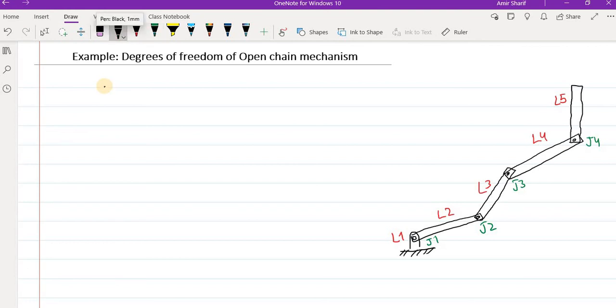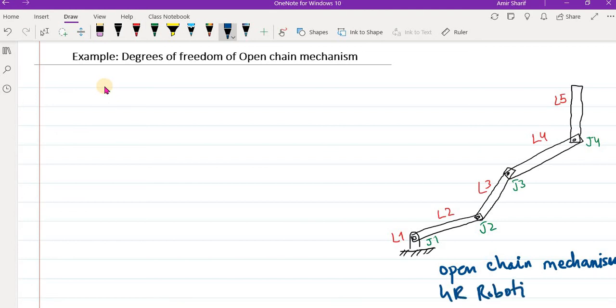And we can call it either an open chain mechanism, or we can also call it a 4R robotic arm, because it has 4 Revolute joints. So whatever you want, you can call it.